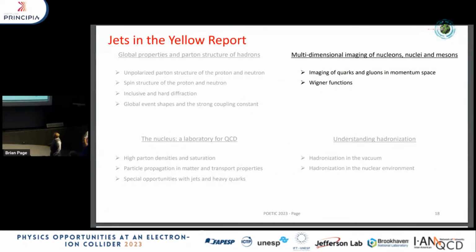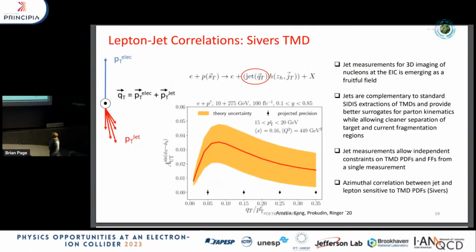So moving on from global properties into multidimensional imaging, things like TMDs and the Wigner function. A lot of the recent work in jets has come about with the realization that you can access the TMDs by looking at these jet-lepton correlations.